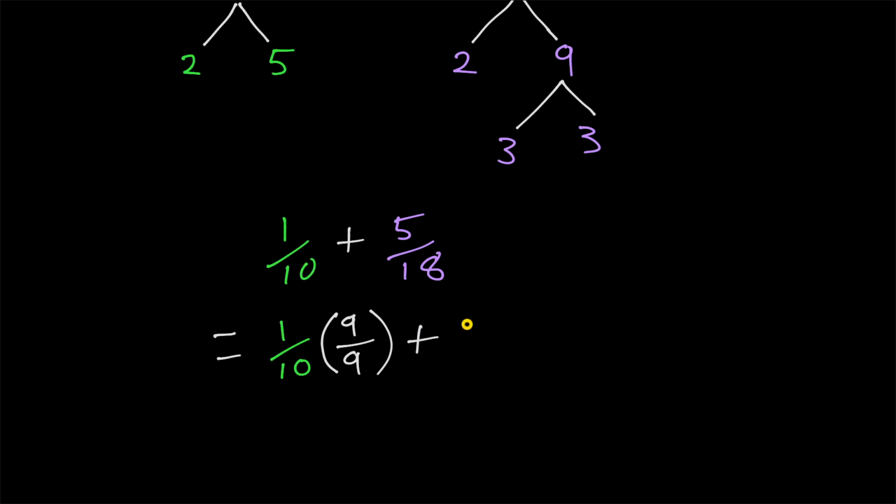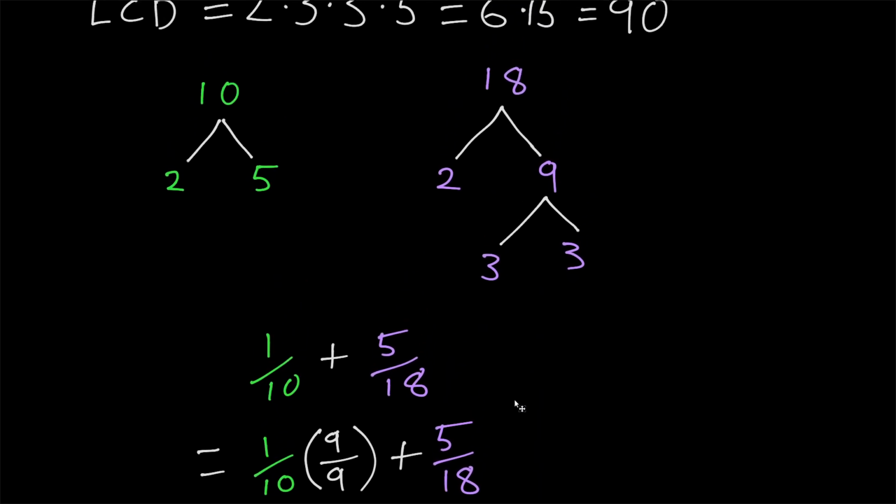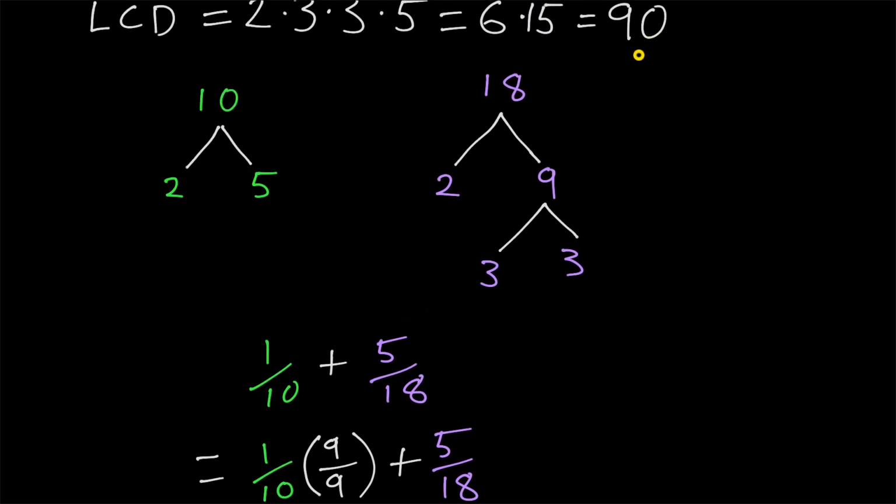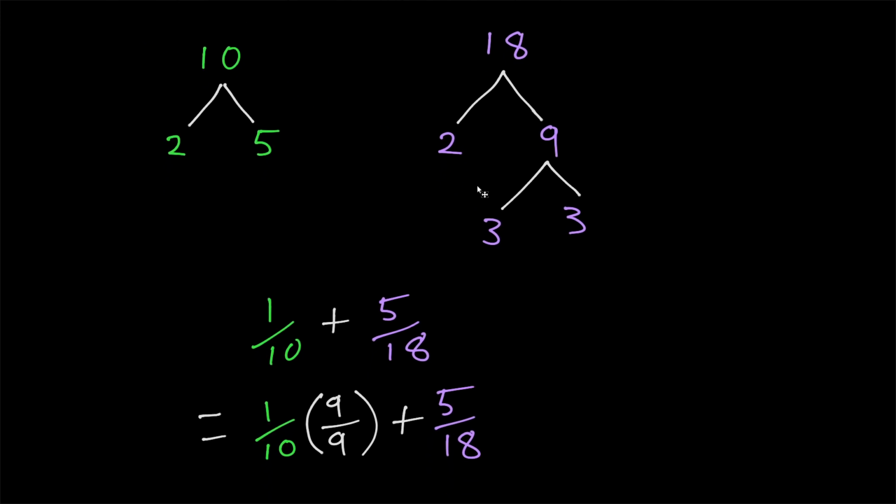And to this, we're going to add 5 over 18. But we also have to convert 5 over 18 into an equivalent fraction that has a denominator of 90, because 90 is our least or lowest common denominator.